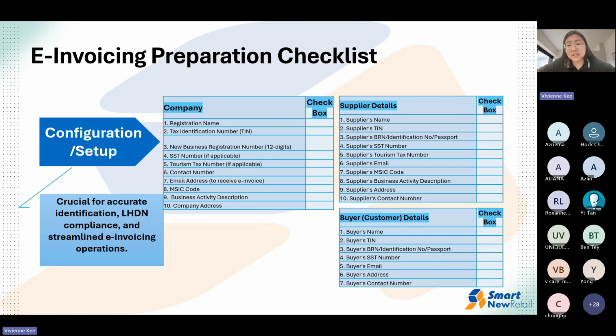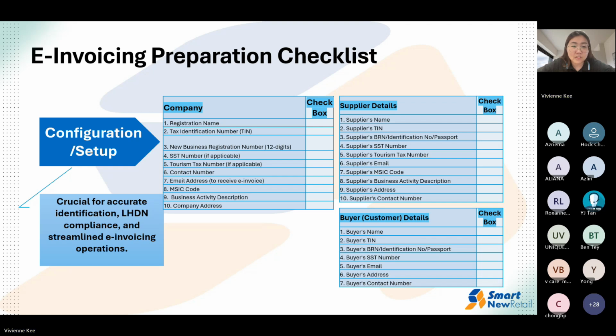If you need our support to prepare the checklist for you, you can also contact us, because we have the template. We can export it in Excel and provide you the template list so you can get the info and fill in the Excel list, and we can update it into Dynamod.